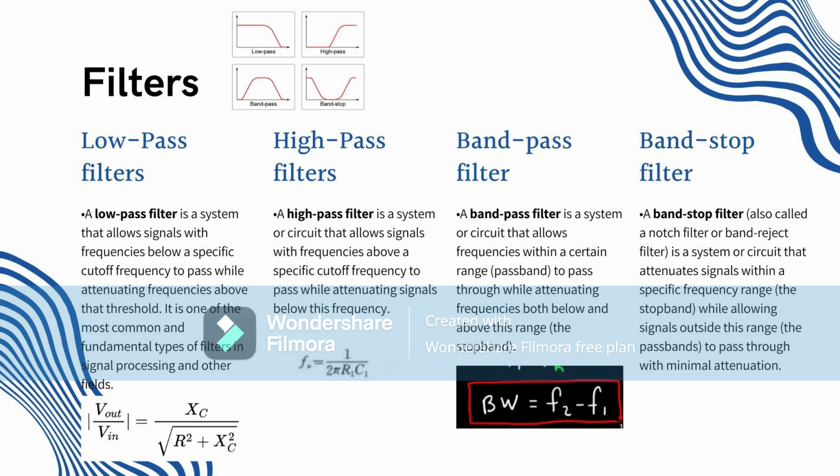So moving on to high pass filters. A high pass filter is a system or circuit that allows signals with frequencies above a specific cutoff frequency to pass while attenuating signals below this frequency. So just like a low pass filter, it attenuates a range of frequencies below the cutoff frequency.